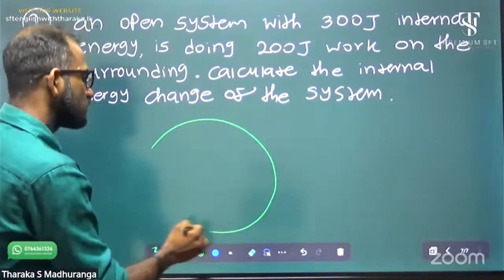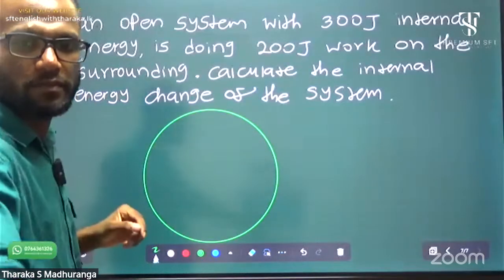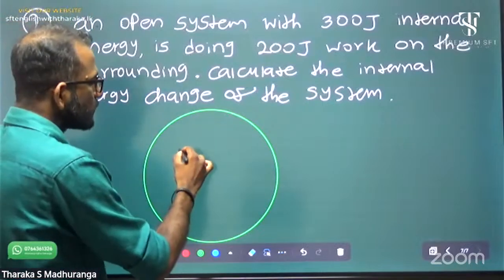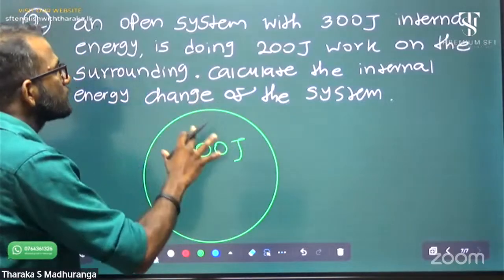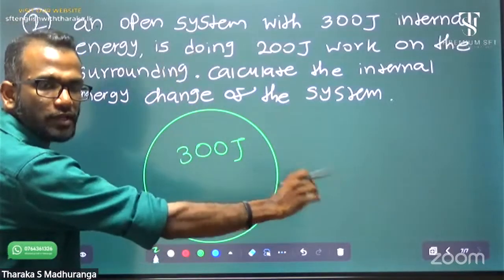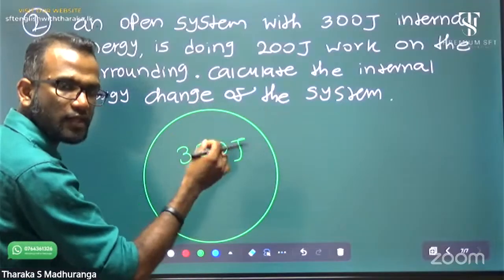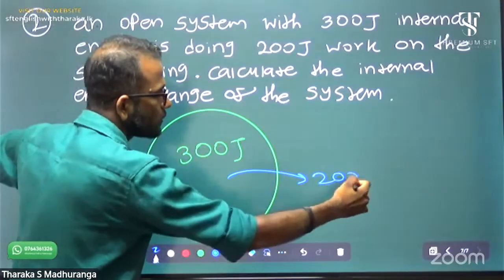This is a system, right? It's an open system. Initially, it contained 300 joule internal energy. And the system is doing work on the surrounding. Work on the surrounding means the system is doing some work. Then heat release 200 joule.